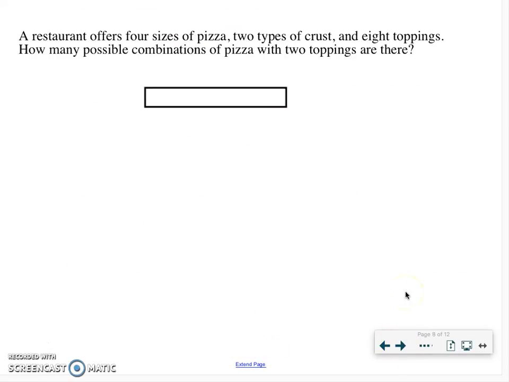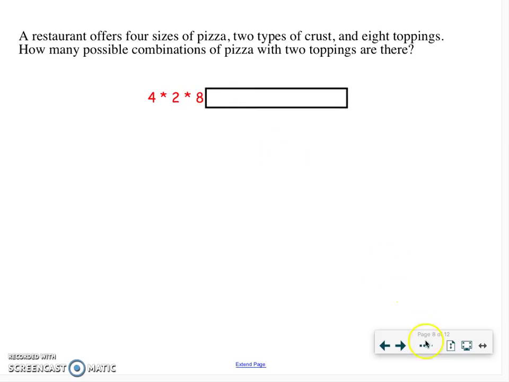So, a restaurant offers 4 sizes of pizza, 2 types of crust, and 8 toppings. How many possible combinations of pizza are there with 2 toppings? What we need to do is take the 4 pizza sizes, 2 types of crust, and 8 toppings.